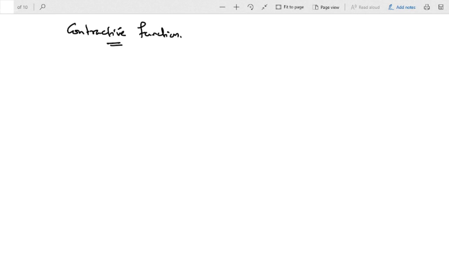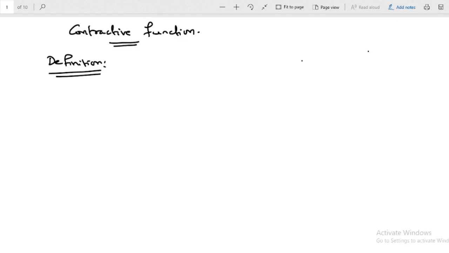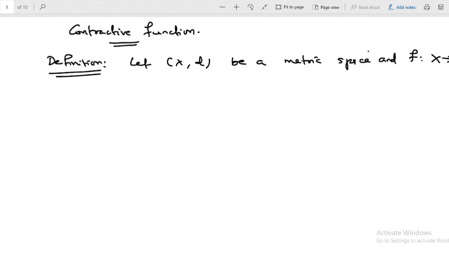Definition. Let (X, d) be a metric space and f from X to X be a function.